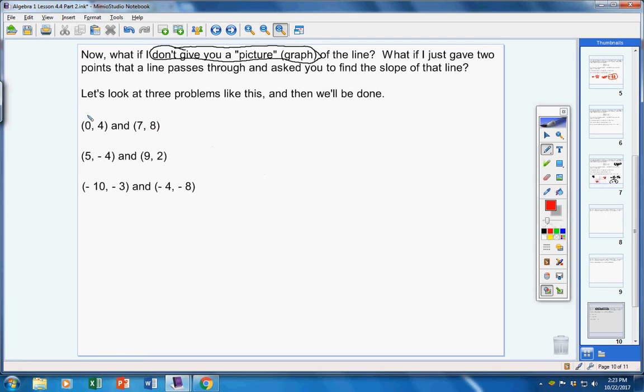Let's try this one first. X, Y, X, Y. Let's find the slope of the line that passes through these 2 points. So m equals y minus y over x minus x. My first y is 4, then minus, and my next y is 8.